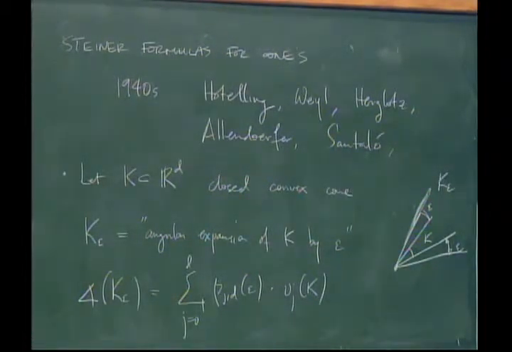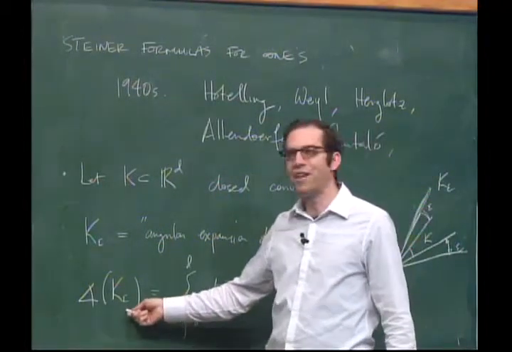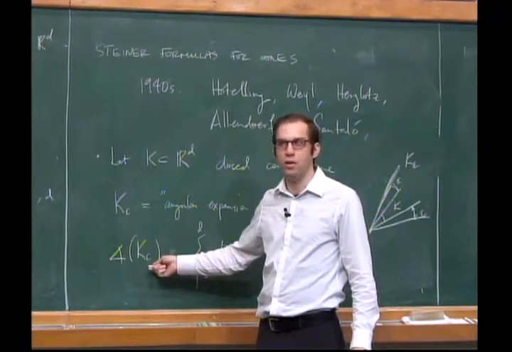So this is a Steiner formula for the cone. I'm sorry my picture is a little bit stilted, but I hope you can see what's happening here. And it turns out that these Steiner formulas exist in much greater generality. I'm going to show you another Steiner formula in just a moment. And they allow you to connect the intrinsic volumes with metric geometry of this cone.